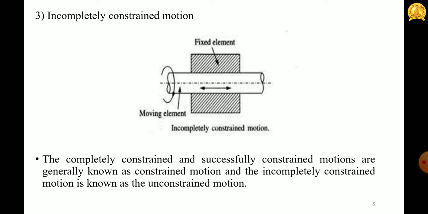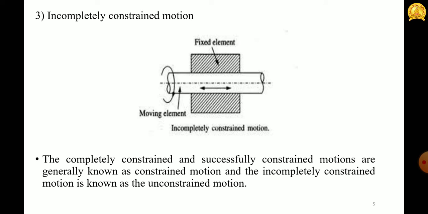Now, incompletely constrained motion. When the motion between the elements of a pair is possible in more than one direction and depends upon the direction of force applied, it is known as incompletely constrained motion. Here the change in the direction of the impressed force may alter the direction of relative motion between the pair.